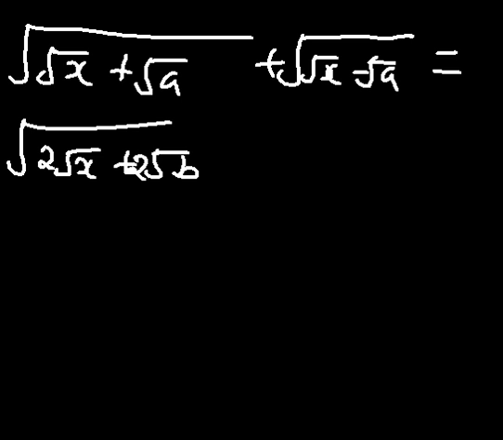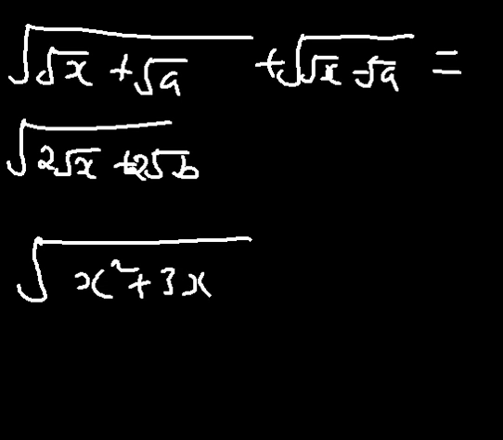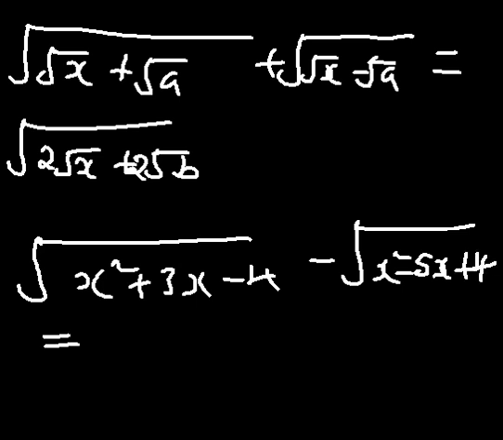So that's how you should understand solving equations with radicals. And finally, let's try this. Let's say we have the square root of x squared plus 3x minus 4, minus the square root of x squared minus 5x plus 4, which is equal to x minus 1.